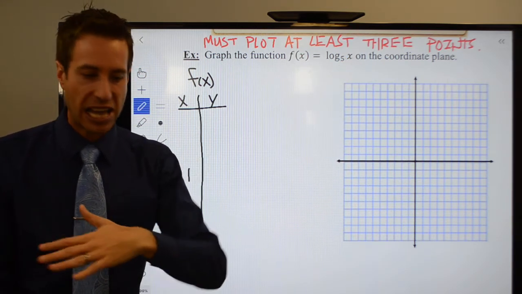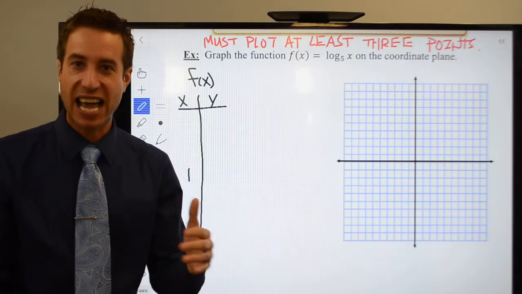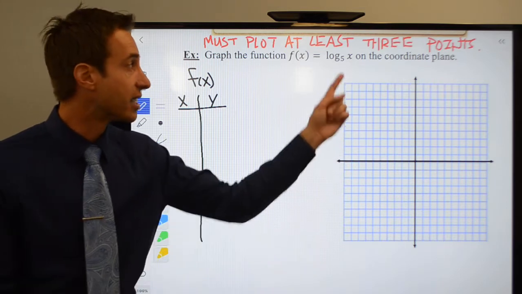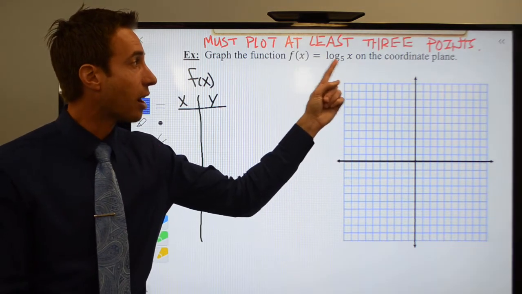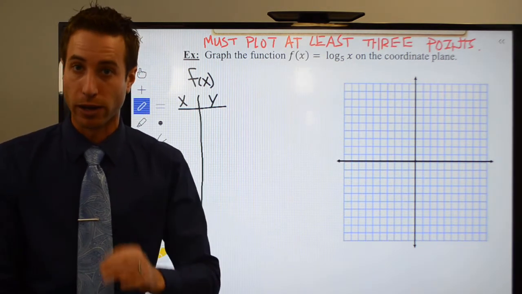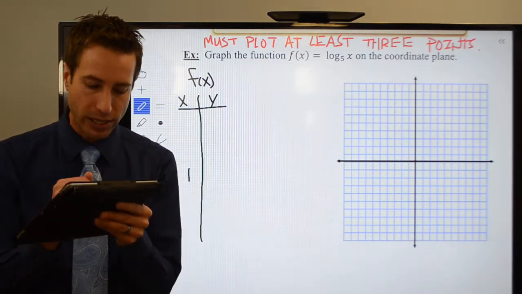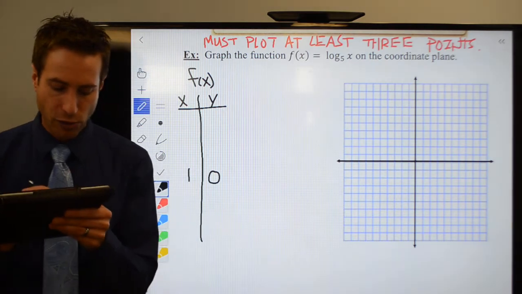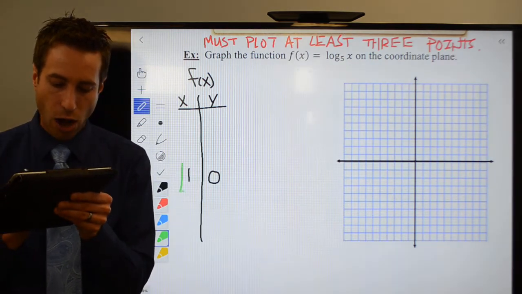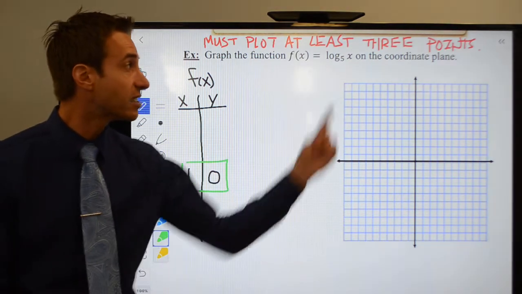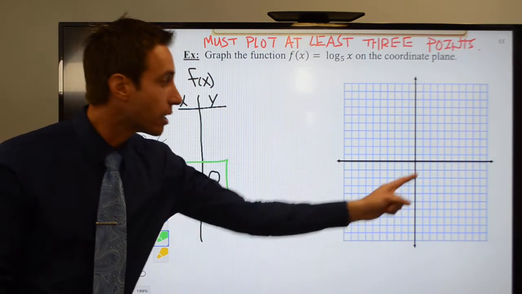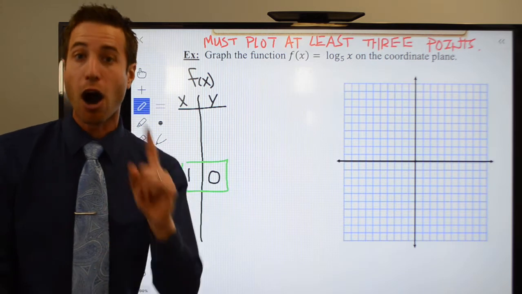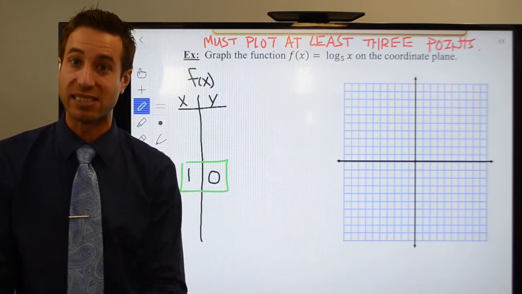So log any base, 5, 10, 6, 20, 3, whatever, of 1, the log of 1 is always going to be 0. So that's why, as long as there are no transformations, every single logarithm, regardless of what the base is, is going to go through the point 1, 0, because log any base of 1 is going to be 0.